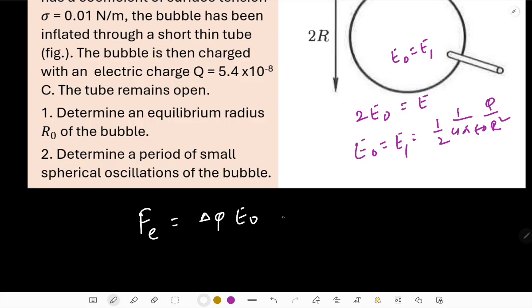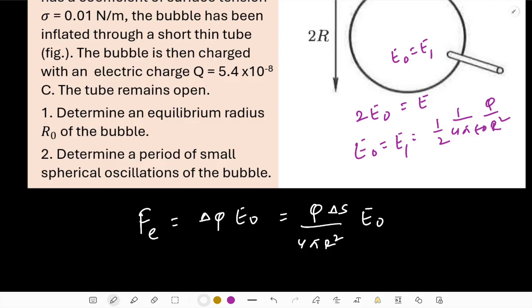This delta Q can be written simply as Q by 4 pi R square, the charge per unit area, multiplied by delta S, and then multiplied by E0.